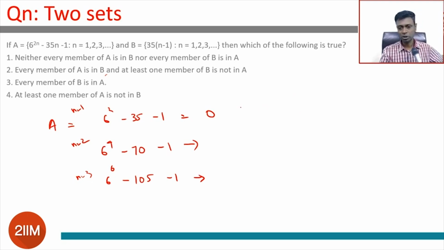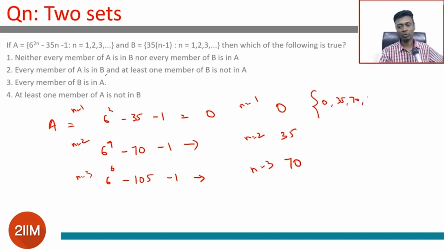And B, when n equal to 1, B is 35 times (n minus 1). 35 times 0, the first element will be 0. When n is 2, it is 35 into 1, 35. When n is 3, 35 into 2, 70. B is more predictable.